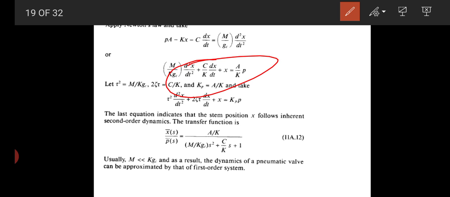So this equation is nothing but the standard second order transfer function: tau square d2x by dt square plus 2 zeta tau dx by dt plus x equals kp into p.